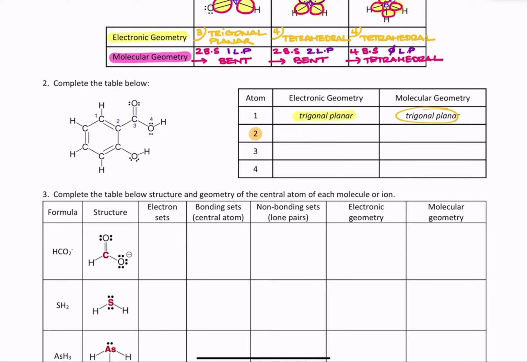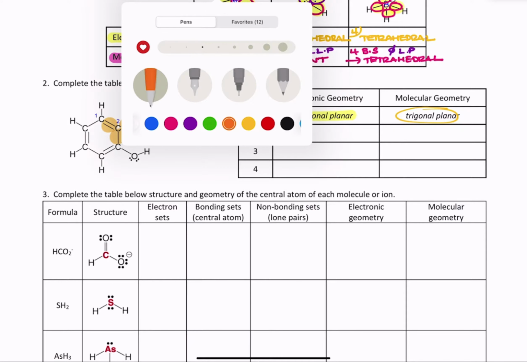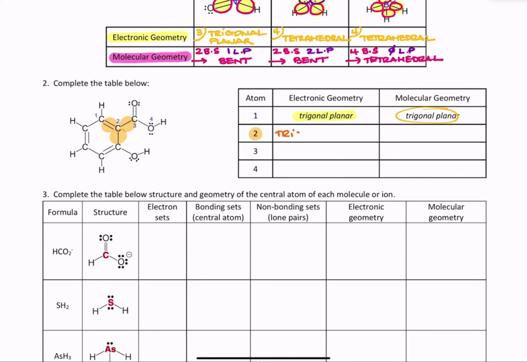This carbon is also surrounded by 3 bonding sets, giving it a trigonal planar electronic geometry. Out of these sets, I see 3 bonding, so the molecular geometry is trigonal planar as well.